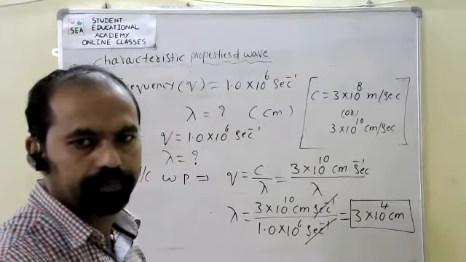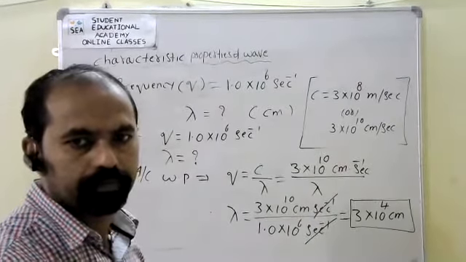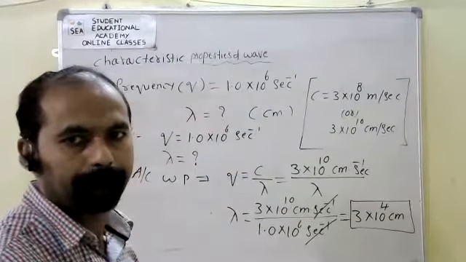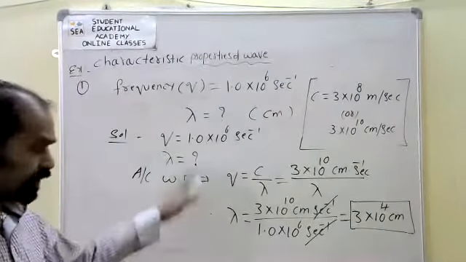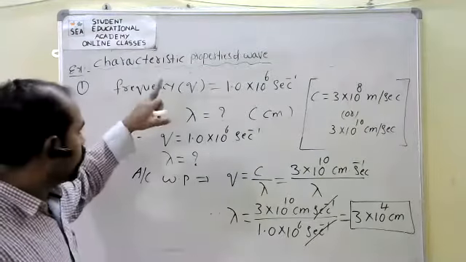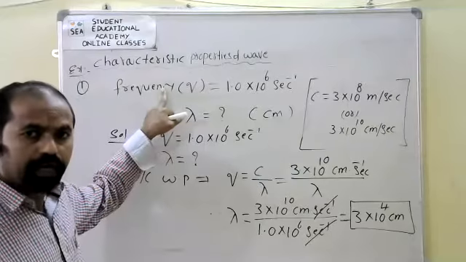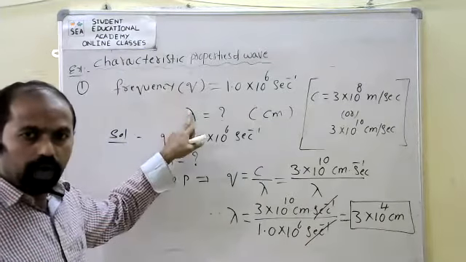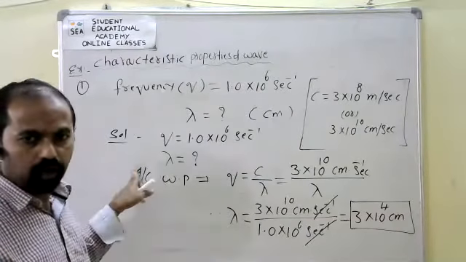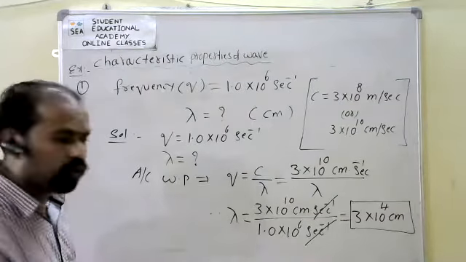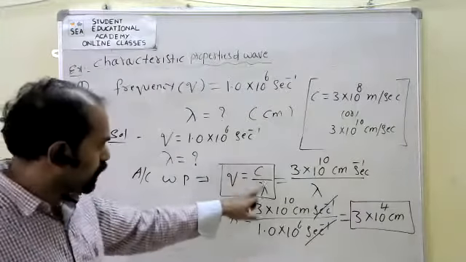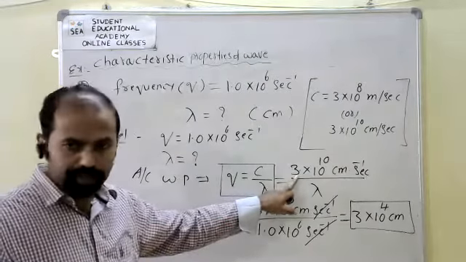Any doubt here? It is clear. So they are given frequency of light. What about its wavelength? According to wave properties, the relation between frequency and wavelength is nu equals to C by lambda, where C equals to velocity of light.